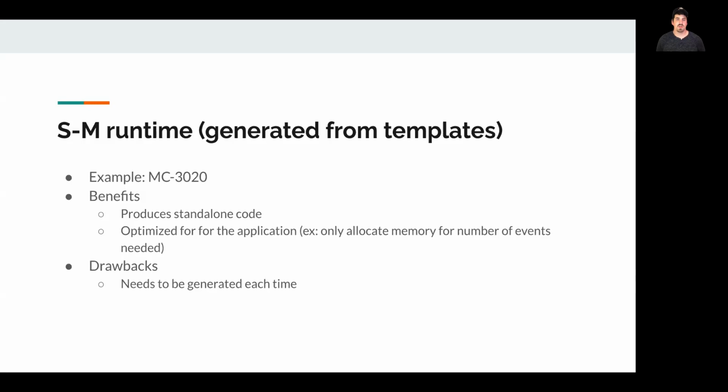For example, the MC3020 model compiler only allocates memory for the number of events needed in the application. This saves space when you're compiling for a very small target. One of the drawbacks of this approach, however, is that it needs to be generated every time. And furthermore, it cannot be reused for generating modules that can be distributed.